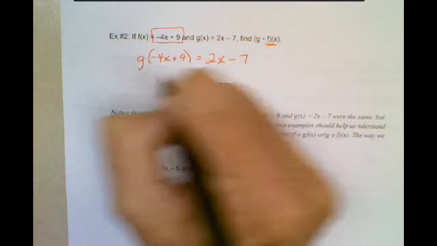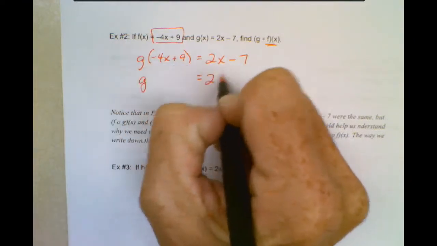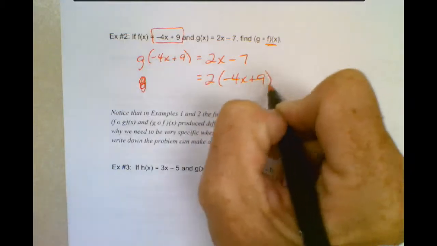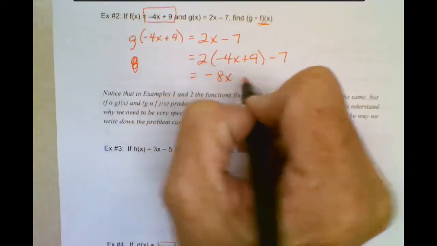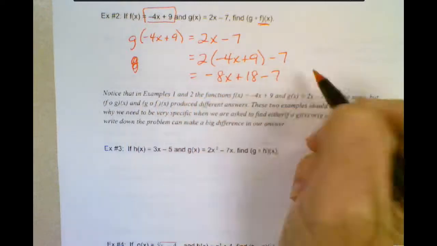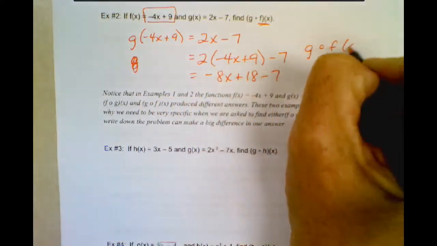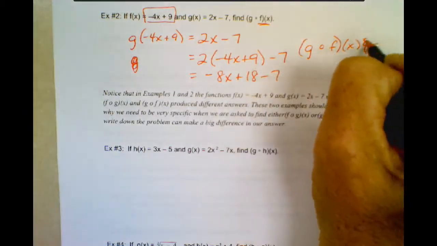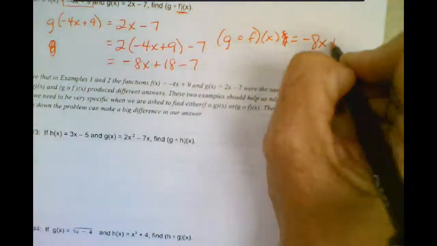Okay, so we're going to plug in negative 4x plus 9 minus 7. And we'll get negative 8x plus 18 minus 7. So our g of f of x should equal negative 8x plus 11.